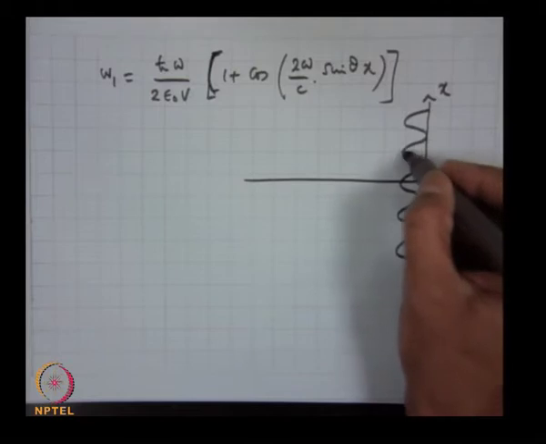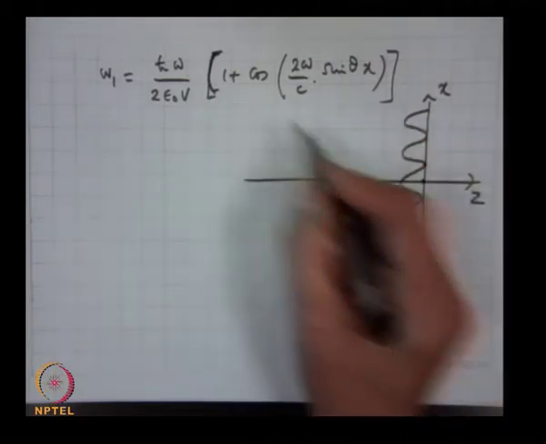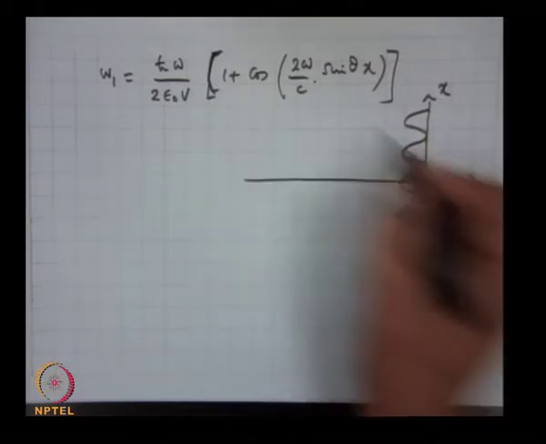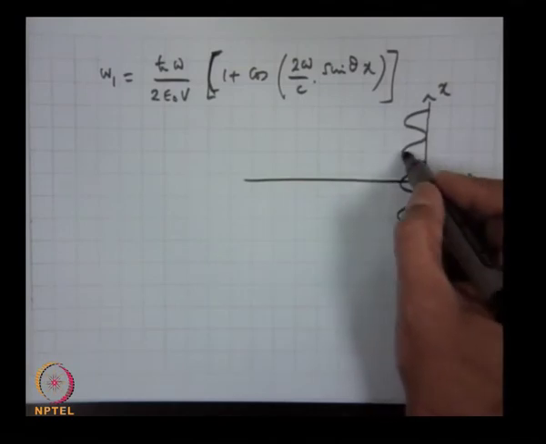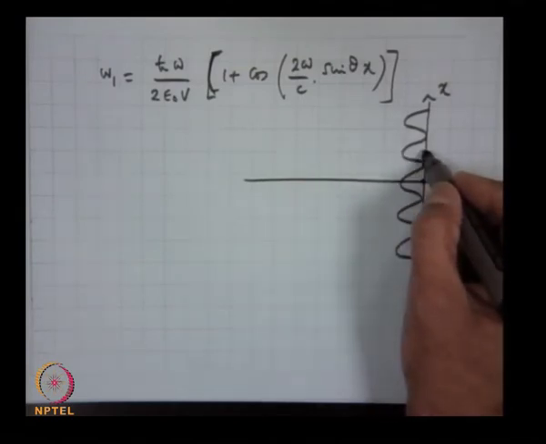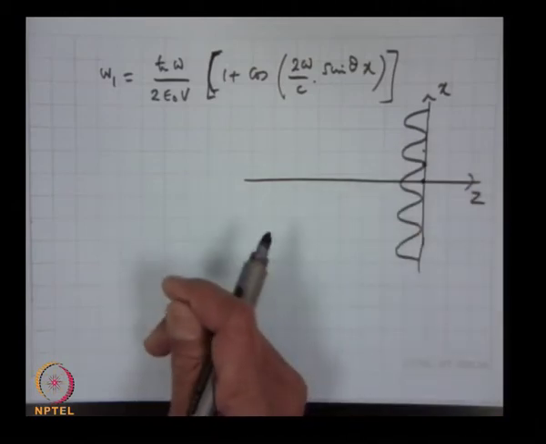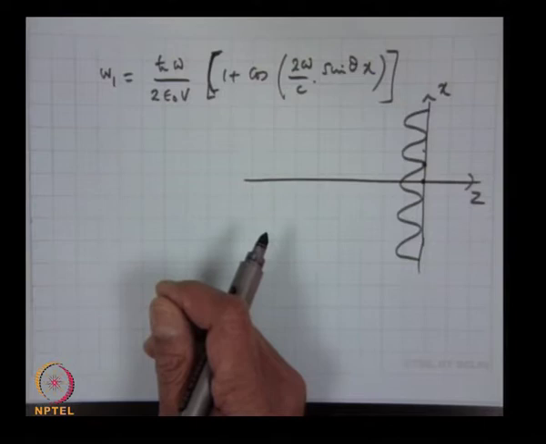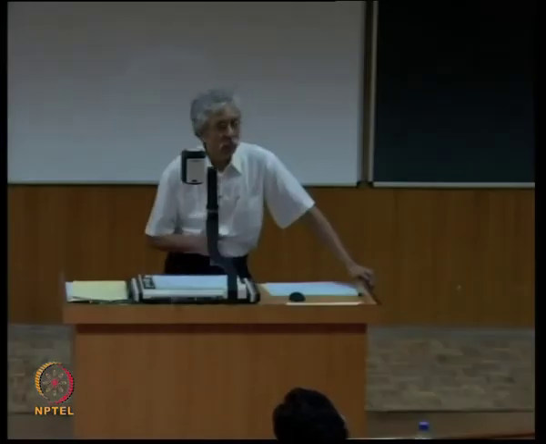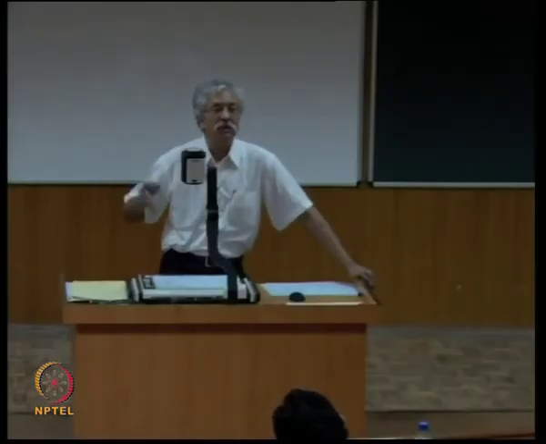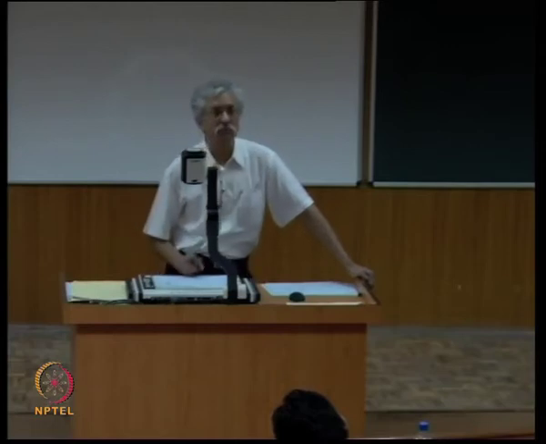When the argument becomes pi, it becomes 0. When the argument becomes 2 pi, it becomes maximum again. So exactly what you will observe in a classical interference pattern between two plane waves, one propagating at plus theta with the z-axis, the other propagating at minus theta with the z-axis.